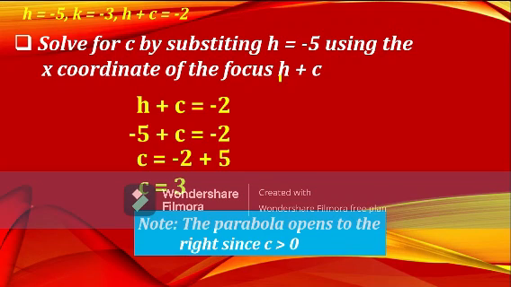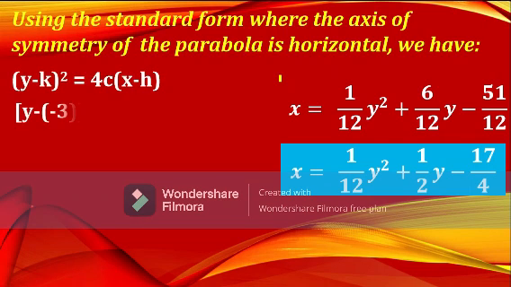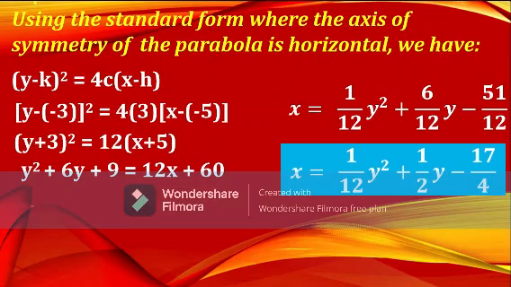Since c is equal to 3, the parabola opens to the right since c is greater than 0, since c is positive. Okay, now using the standard form where the axis of symmetry of the parabola is horizontal, we have y minus k quantity squared is equal to 4c times x minus h.